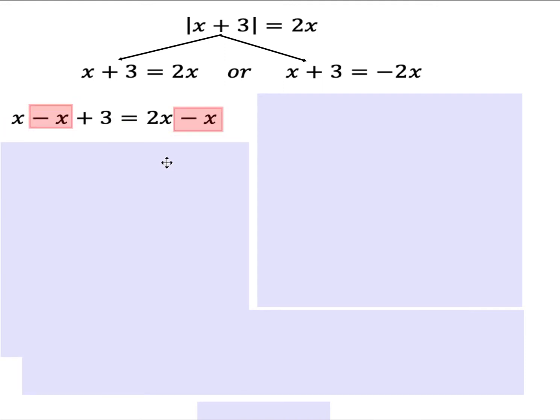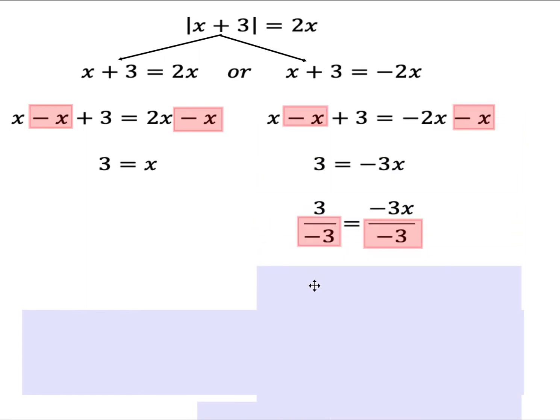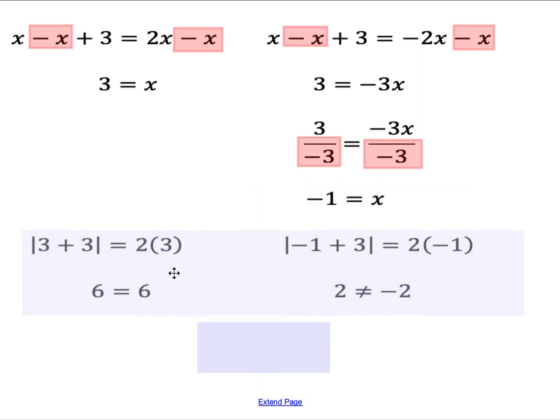Subtract x from both sides. This will give us 3 equals x, and that's actually done for now. We'll have to check it in a moment. On this side, we'll probably get rid of this x, subtract x from both sides. We get 3 equals -3x. We'll go ahead and divide by -3, and we get x is -1.